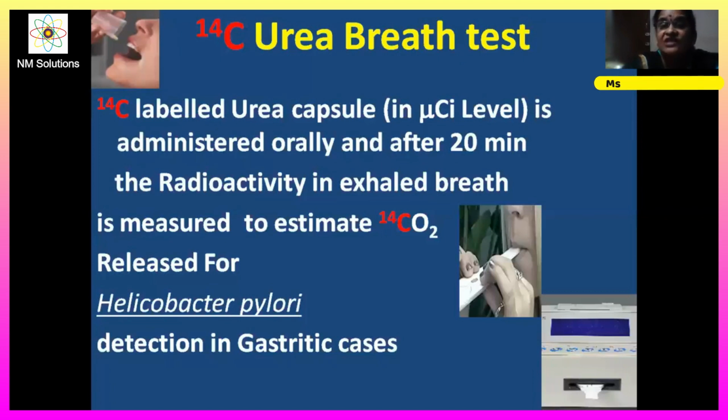Urease is the enzyme which can degrade urea, whether it is present in the stomach or not. And if it is, then the urease enzyme can degrade urea and 14 carbon dioxide can be produced. This is the basic principle. And so the exhaled breath is measured to check for the 14 carbon dioxide.